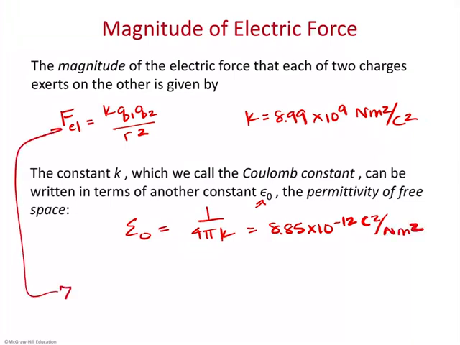If you rewrite this using the permittivity constant instead of Coulomb's constant, you end up with Q1 times Q2 over r squared times 4 pi epsilon.